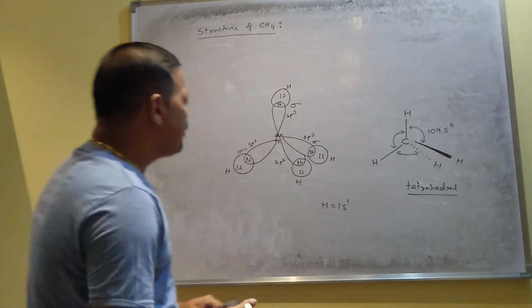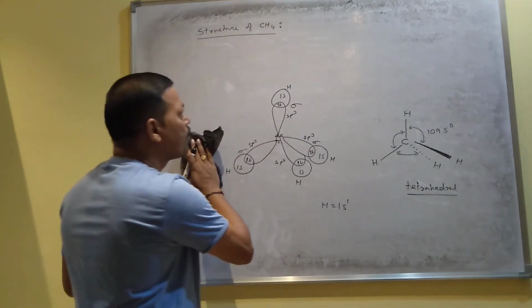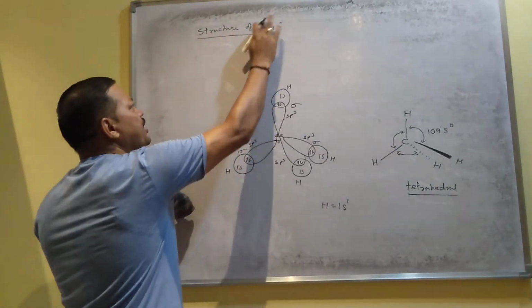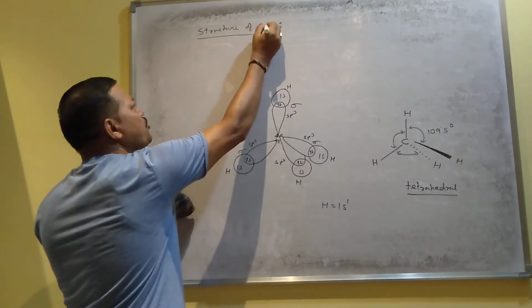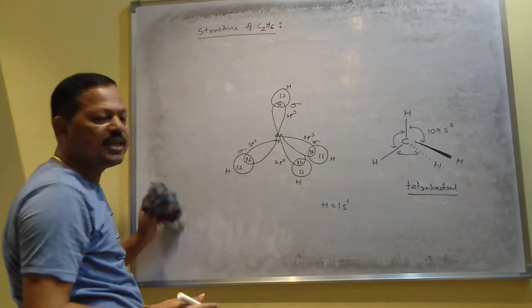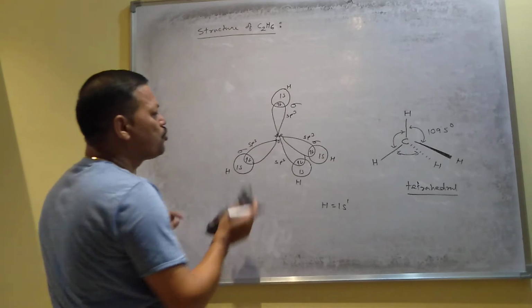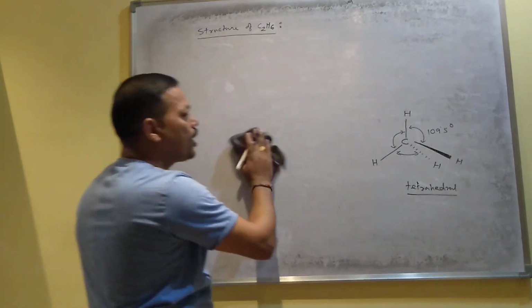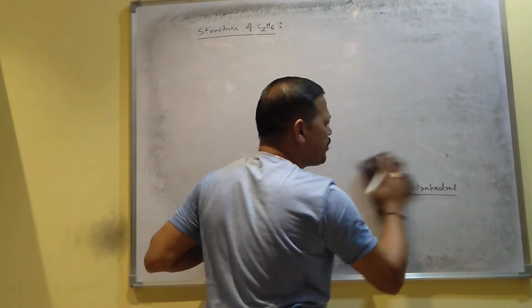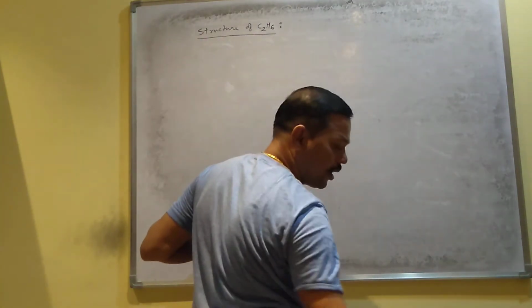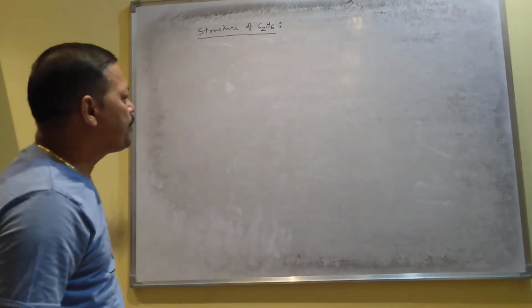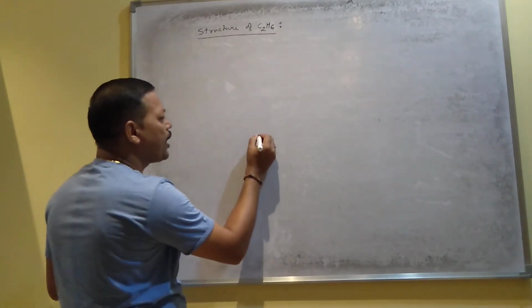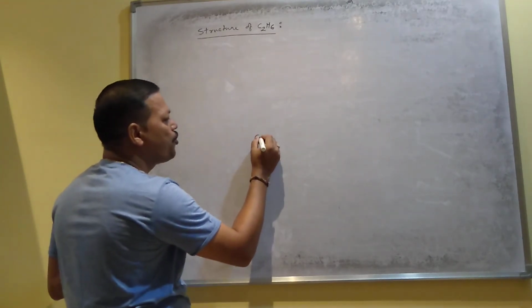Similarly, if you want to draw the structure of ethane, you know its formula is C2H6. Since ethane contains 2 carbons, both carbons will undergo sp3 hybridization. So this is one carbon, it produces 4 sp3 like this.